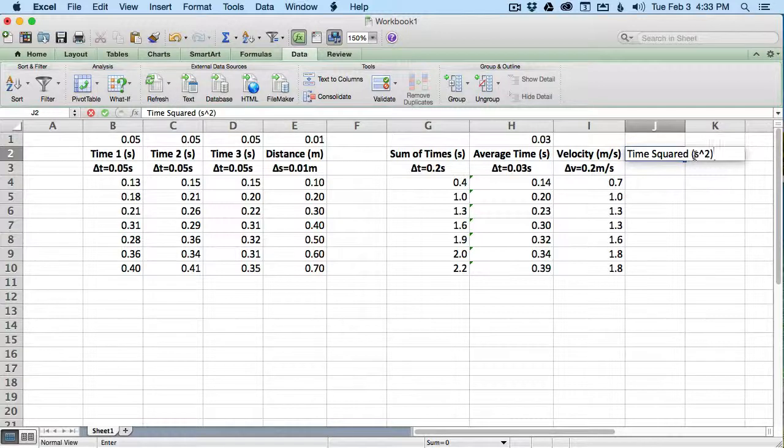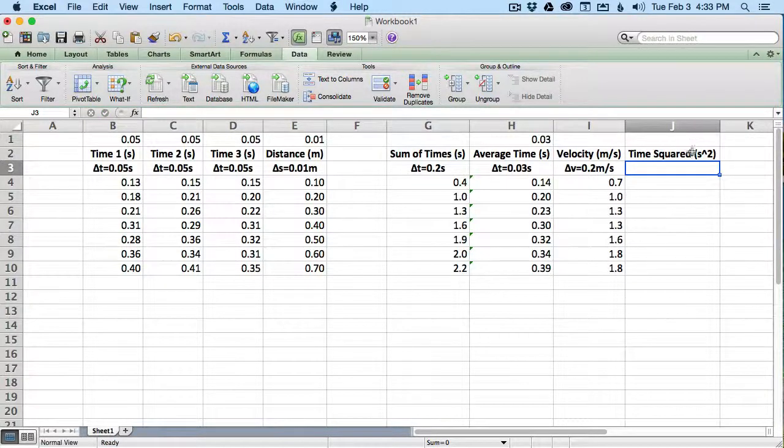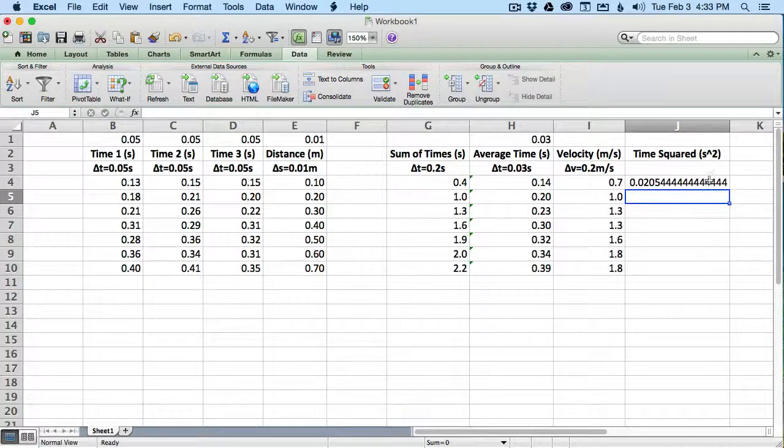So leave this now, but when you actually plug this into an actual report, I would go back and change this to an S with a superscript 2. It just looks a little neater. Now, time squared, I'll say equals average time, and I'll square that value. And we get some big long numbers there.